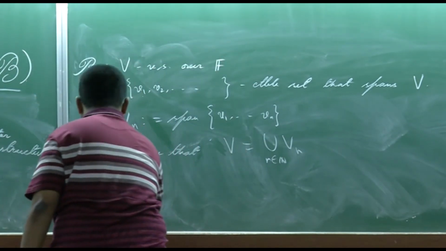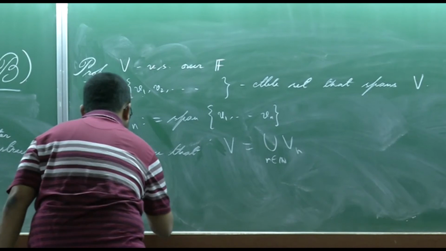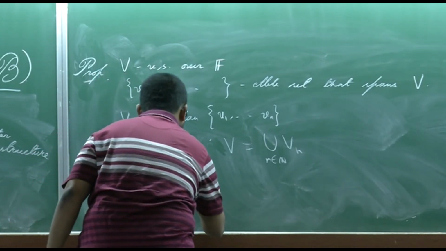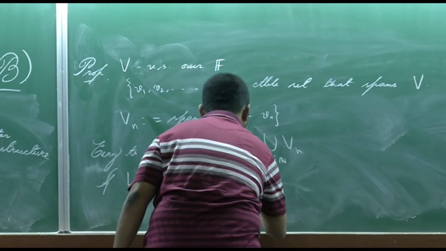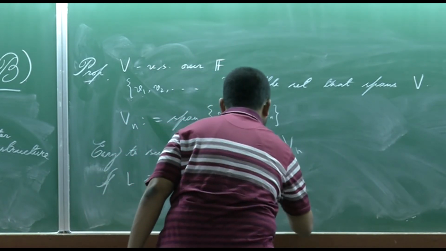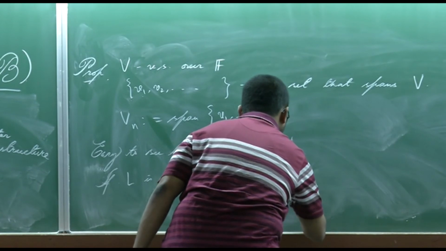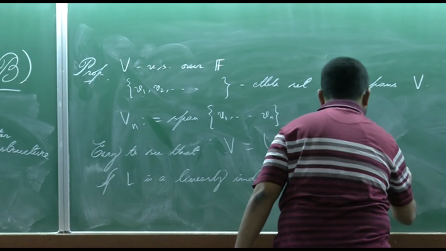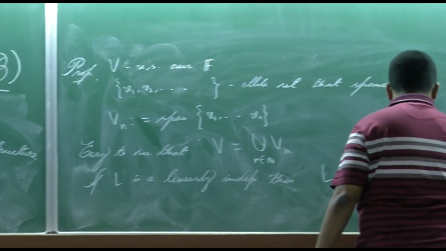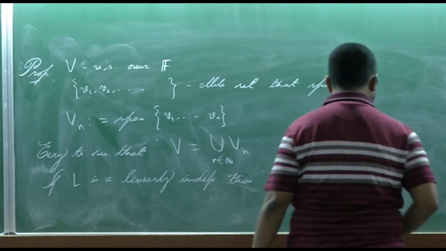Now, if L is a linearly independent set, then L is the same as L intersection V, which is the same as L intersection Vn, taking the union over n.